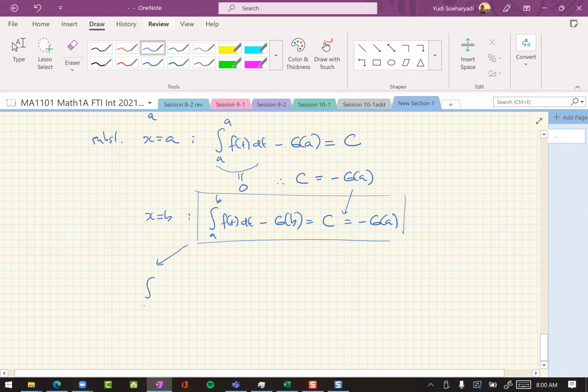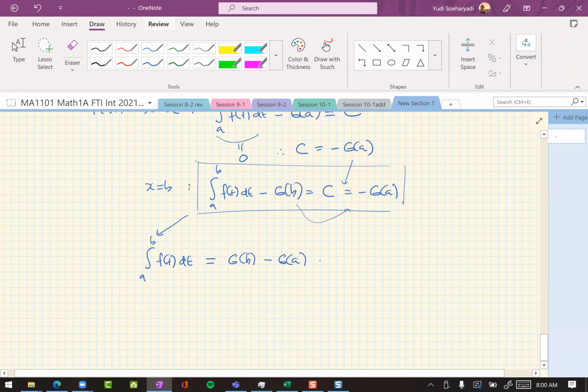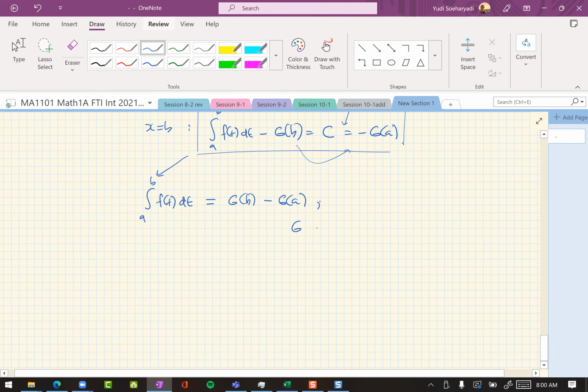Then we write this down as equals, moving it over, G of B minus G of A. Okay, so what is this? And G is an antiderivative of F. Okay, so this is what, in fact, you know as the fundamental theorem of calculus.